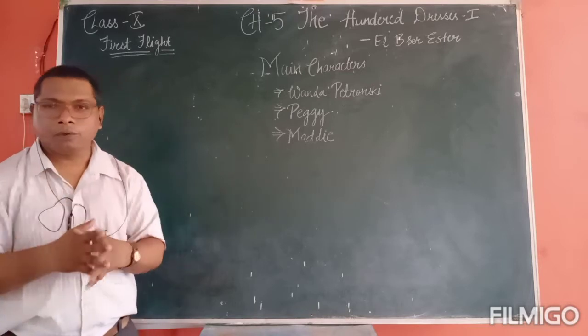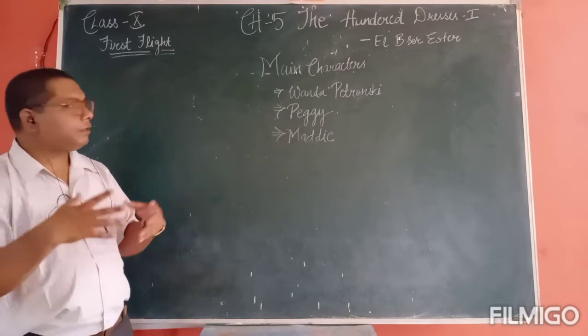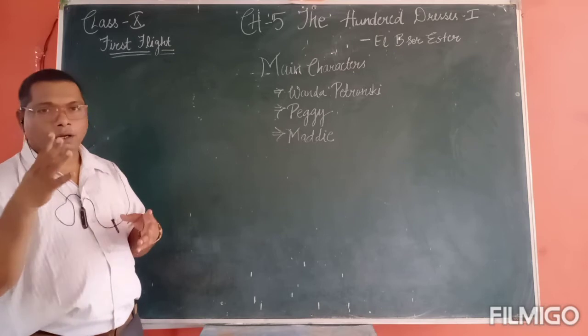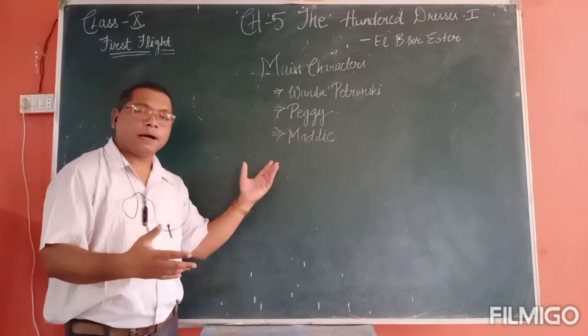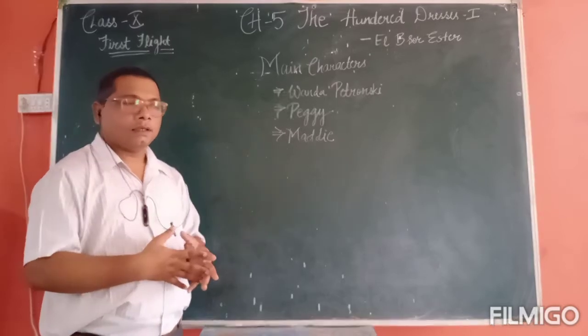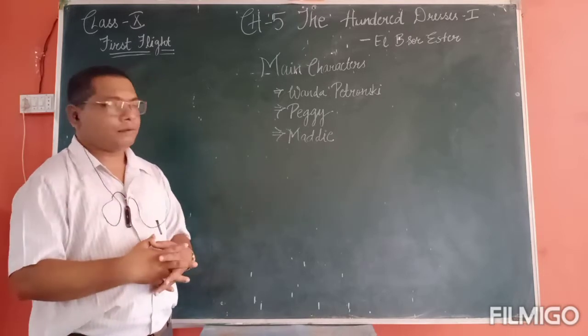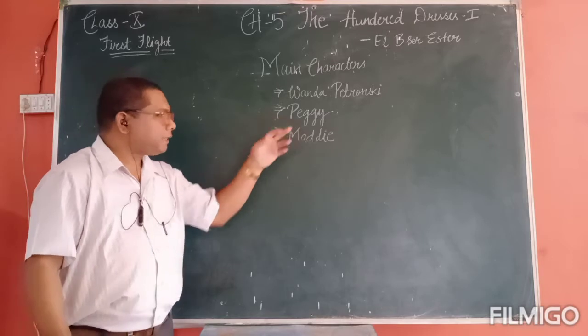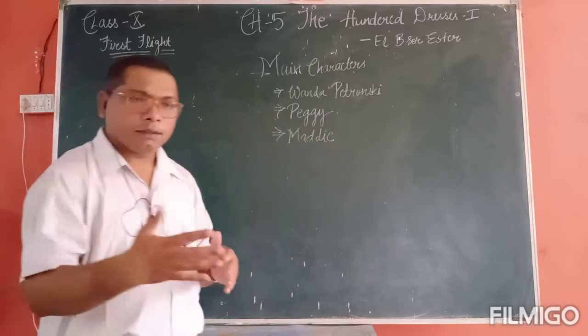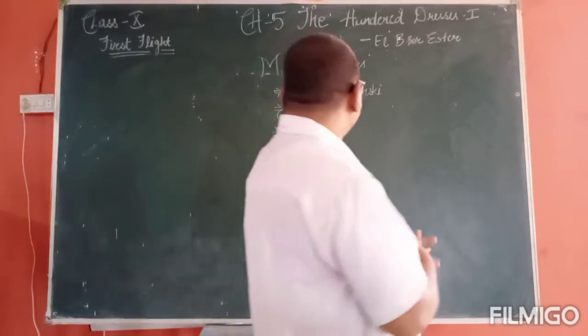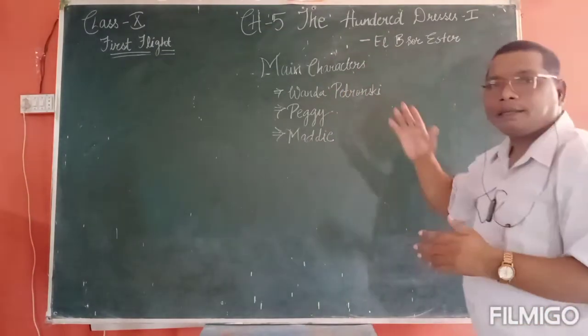That is the situation of Wanda Petronski. She was a very poor girl with no good dress, but she was always being criticized and teased by her friends. Here the next character is Peggy. Peggy was waiting on Wednesday to meet Wanda, but Wanda didn't come.